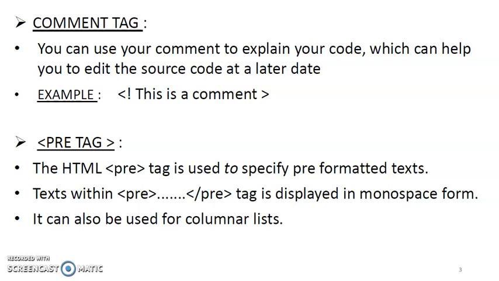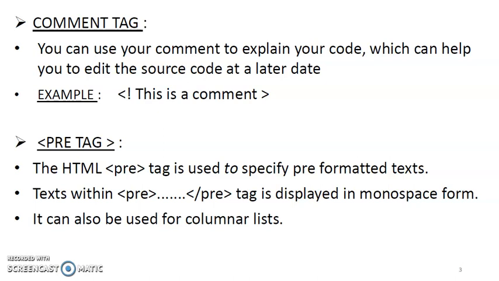Means what? If I want to write the code for student details, in that code we only mention the student's roll number, not their name. But if I want to write the student's name for my own understanding, then I write the student's name in between the comment.